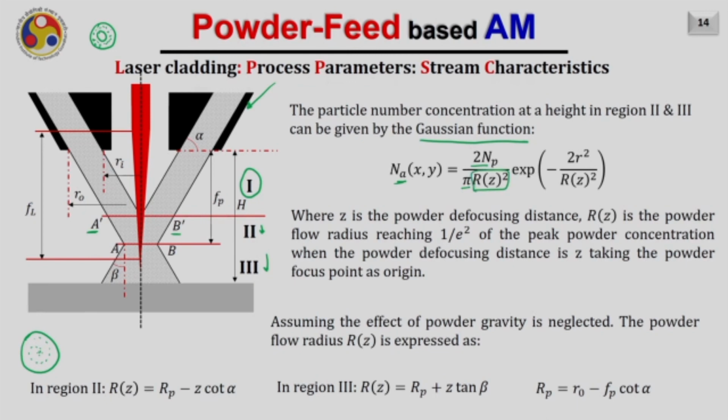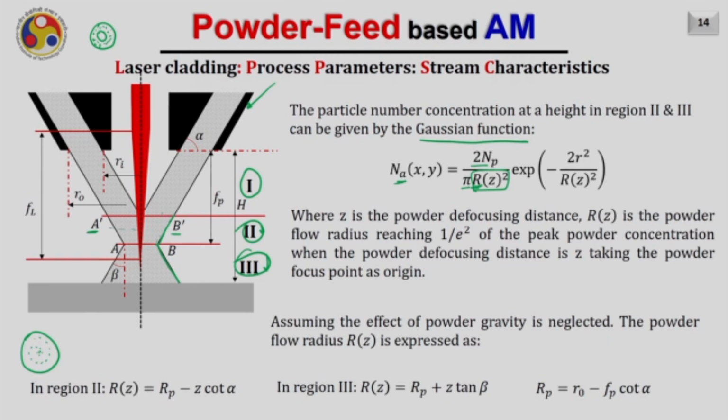Now, please note that earlier I considered the radius of the stream constant, but here, in zone 2 the powder particles are converging, and in zone 3 the powder stream is diverging. Due to this convergence and divergence of the powder particle stream, I will not have a constant value of r.